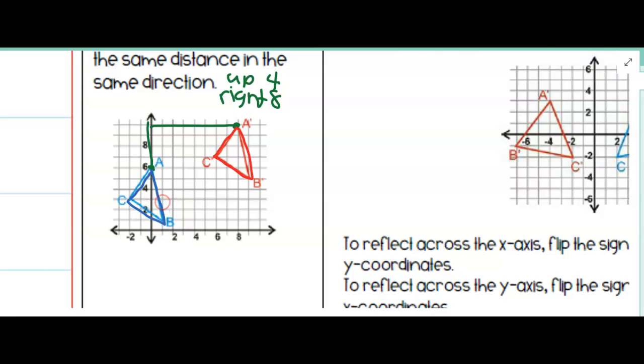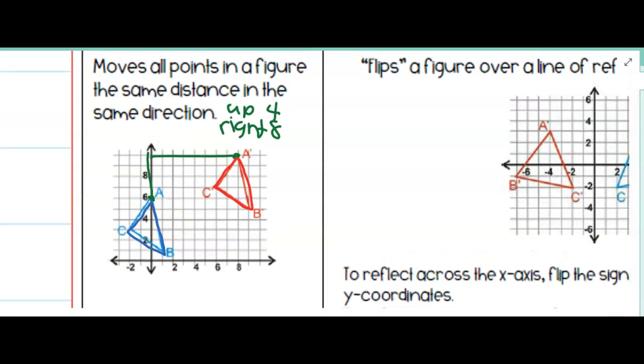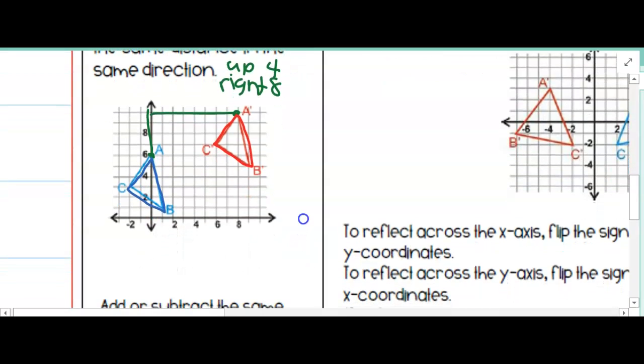There we go. Here we go. 1, 2, 3, 4, right, there we go, 8 units. Okay, so whenever you have the picture, you could just simply take the points and move them up 4 and right 8. But sometimes maybe you're not actually given the picture, maybe you're just given the points.